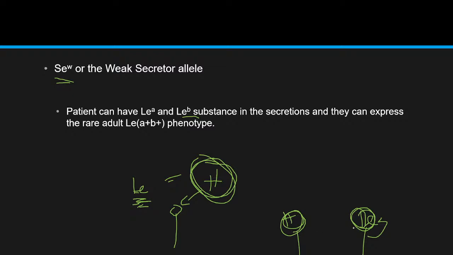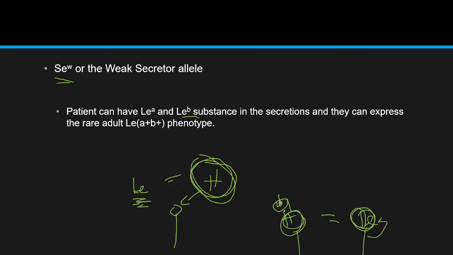If there's an equal amount of H antigens and Lea antigens present on the red cell surface, it is also synonymous to an equal amount of Leb substance.